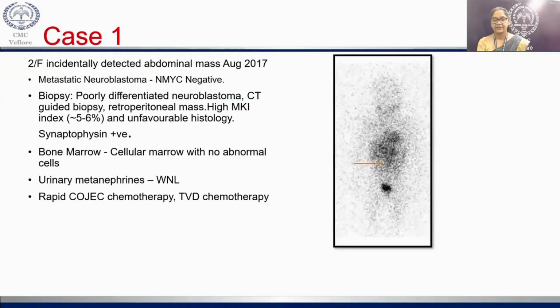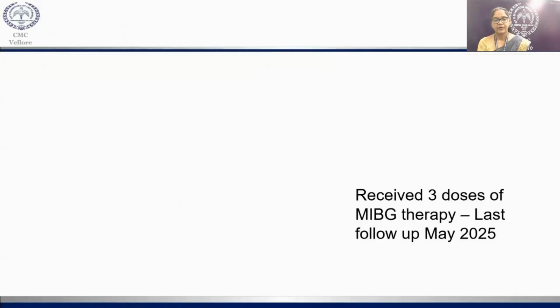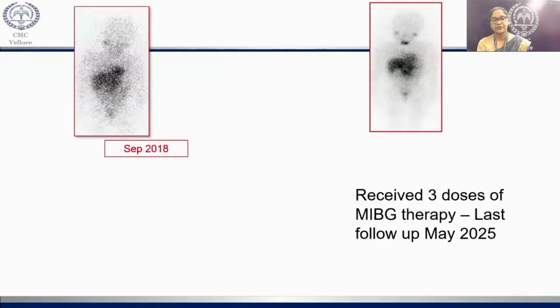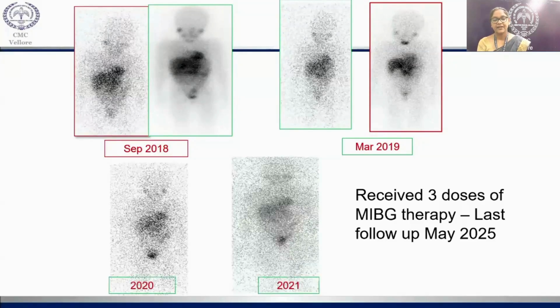This was her first diagnostic scan, which showed a significant retroperitoneal mass, and she was administered MIBG therapy. Following this, she was followed up every 6 months, and she has received at least 3 doses of MIBG therapy. This child is doing well. The last scan was done in 2021, and her last follow-up was in May 2025.